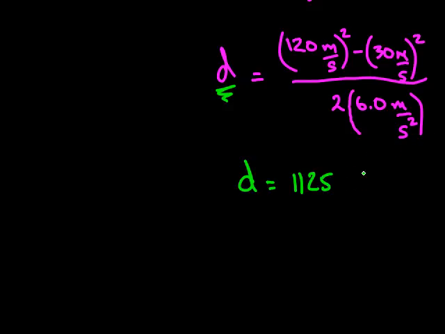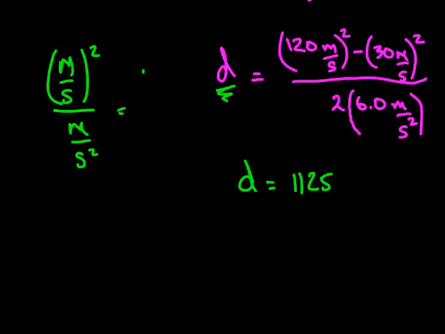So once we square this, meters per second is going to be squared, all divided by meters per second squared. That's essentially what we have. In the numerator here we're just going to subtract some, but in the end we'll have meters per second squared, which is going to be meters squared divided by seconds squared, all over meters divided by seconds squared.